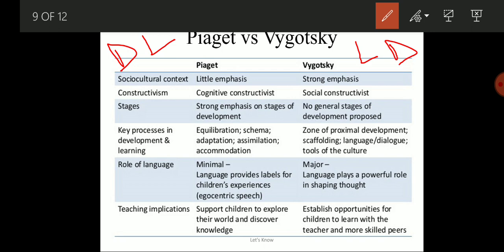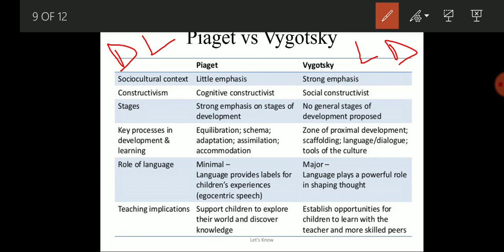Here you see stages. We know Piaget well defined 4 stages, but Vygotsky has not given any stages, because Piaget classified age groups from birth to 2 years, 2 years to 7 years.